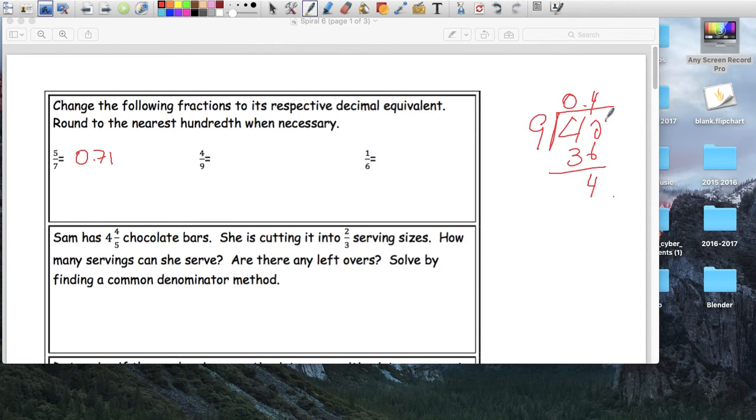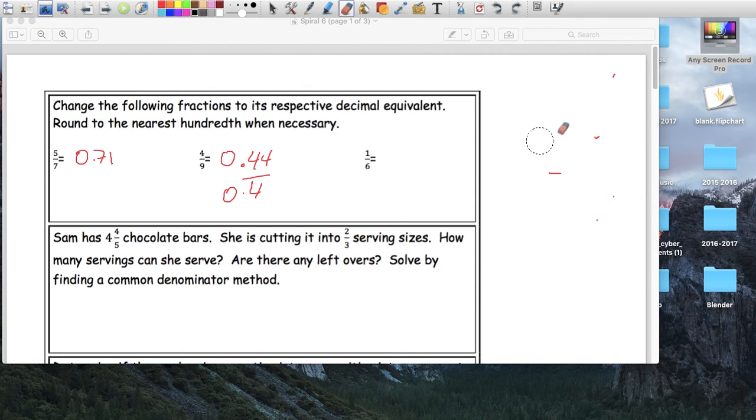Bring down another 0. 9 goes into 40 4 times again, which is 36. So you can see that's going to be 4, 4, 4 forever and ever. So it's just going to be 0.44, because if you go another one, it's 0.444. If you cut it here, this does not have enough power to move that 4 to a 5, so it's just 0.44. You can write 0.4 with a bar like this. That's completely acceptable.